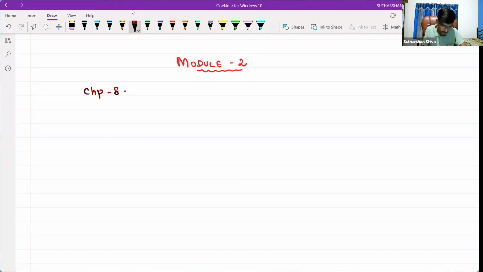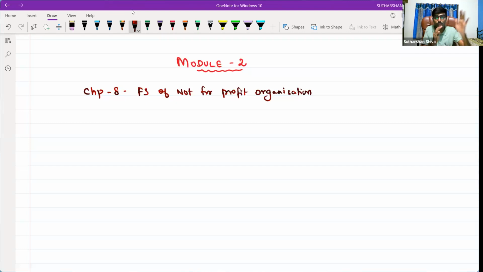Chapter number 8 is named financial statements of not-for-profit organizations. This is the same thing you studied in your 12th standard, whether it is a state board, CBSE, or any of the boards. As a commerce group student, you will take not-for-profit organizations, the same thing, but with some advanced problems. Reverse order calculation you have. That's what you are going to study.